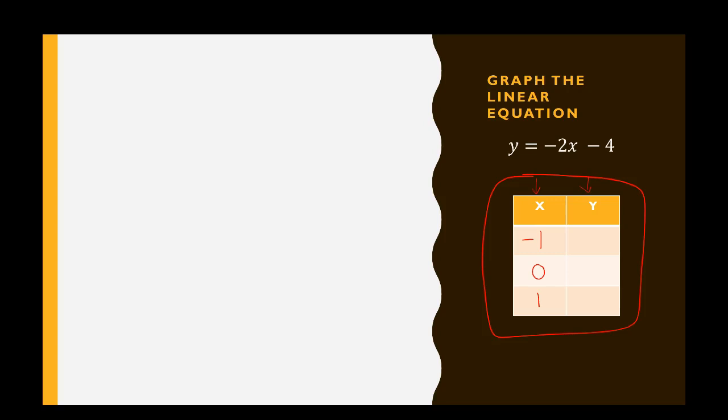So what you're going to do is take that equation, but instead of the x, you're going to plug in your first value, which is a negative 1. So now I solve this. Negative 2 times negative 1 is 2, minus 4, and that would give you y equals negative 2. So that's what I plug in over there.